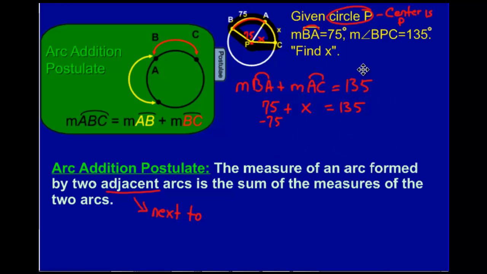So we subtract 75, and that leaves us with 135 minus 75, which is 60 degrees. Okay. So X is going to be 60 degrees. So again, the key here is recognizing that we can add those together and the central angle and the arc are the same.